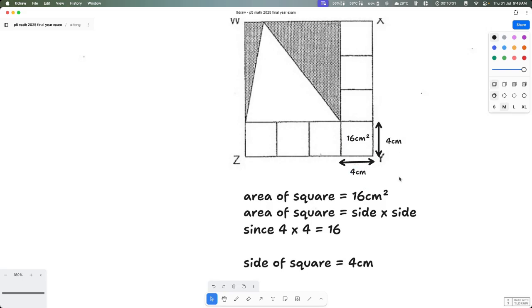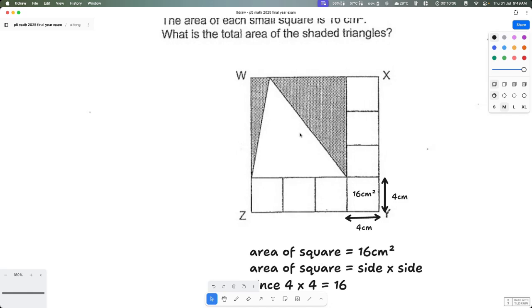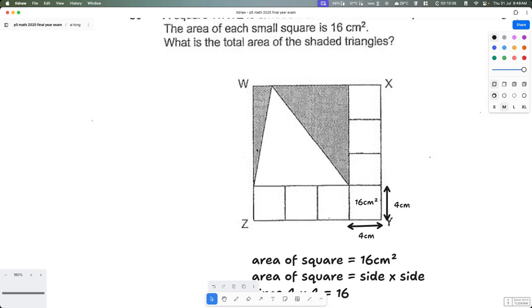Okay, so with that said, now we can calculate the total area of this square over here. Since we know it's 4 centimeters, this is 4 centimeters, 4 centimeters, and 4 centimeters.